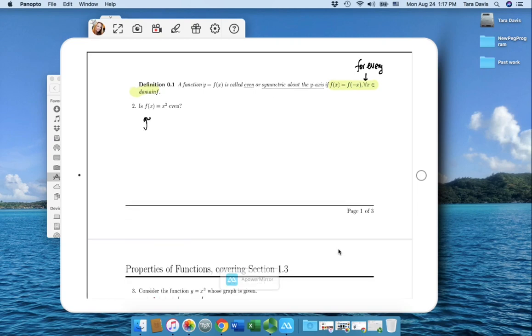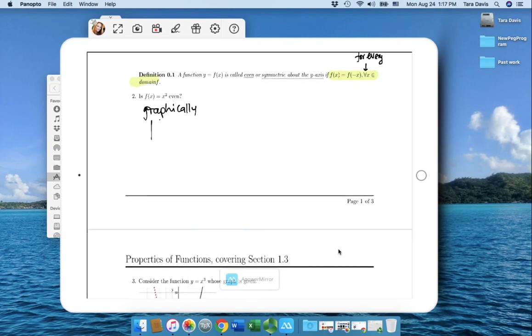First, we can check it graphically. Okay, so if we do something similar to what we just did, I'm going to plot x and then y equals x squared for my 5 points to start. So when I plug in -2, I'll get 4 when I square it.